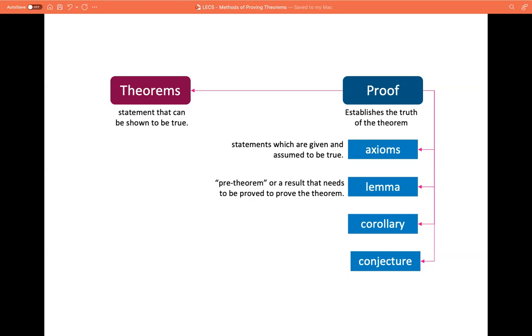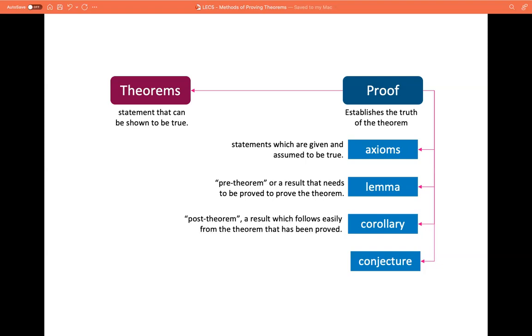A lemma, on the other hand, is a less important theorem that is helpful in the proof of other results. Complicated proofs are usually easier to understand when they are proved using a series of lemmas. However, each of these lemmas in the series must be proved individually.